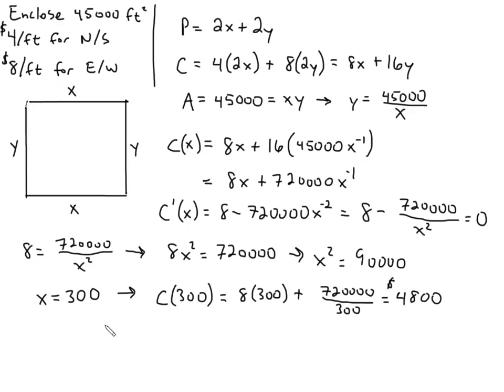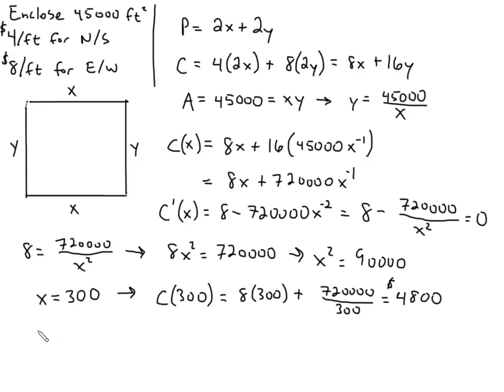Okay, now in some of these problems what you might see is that they also take the second derivative of the function and then plug this number into the second derivative. The purpose of that is just to verify that what you have is really a minimum value. So if we did take the second derivative of this, what we'd find is that when we plug in 300, we would get a positive value, and that would mean that it's concave up at the critical number.